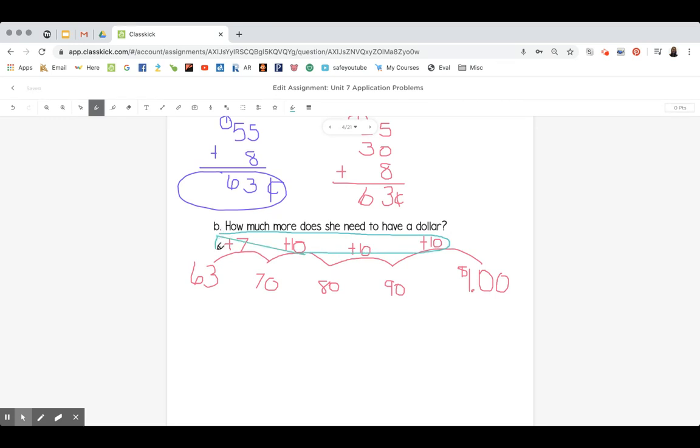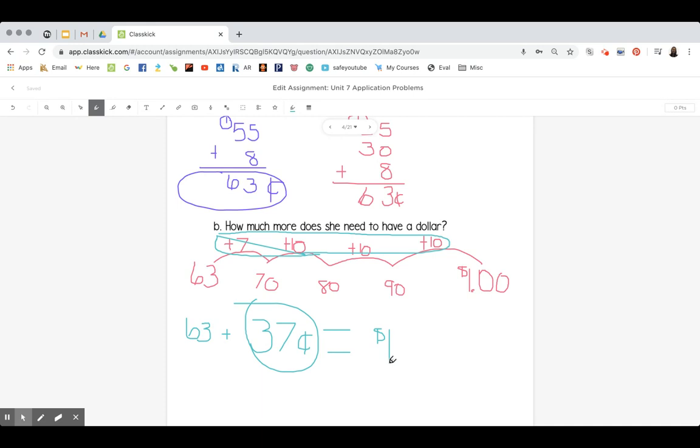That's going to get me my answer. Well, I know that 10 plus 10 plus 10 is 30, and 30 plus 7 is 37. So right now, if she has 63 cents, she needs 37 more cents to get to $1.